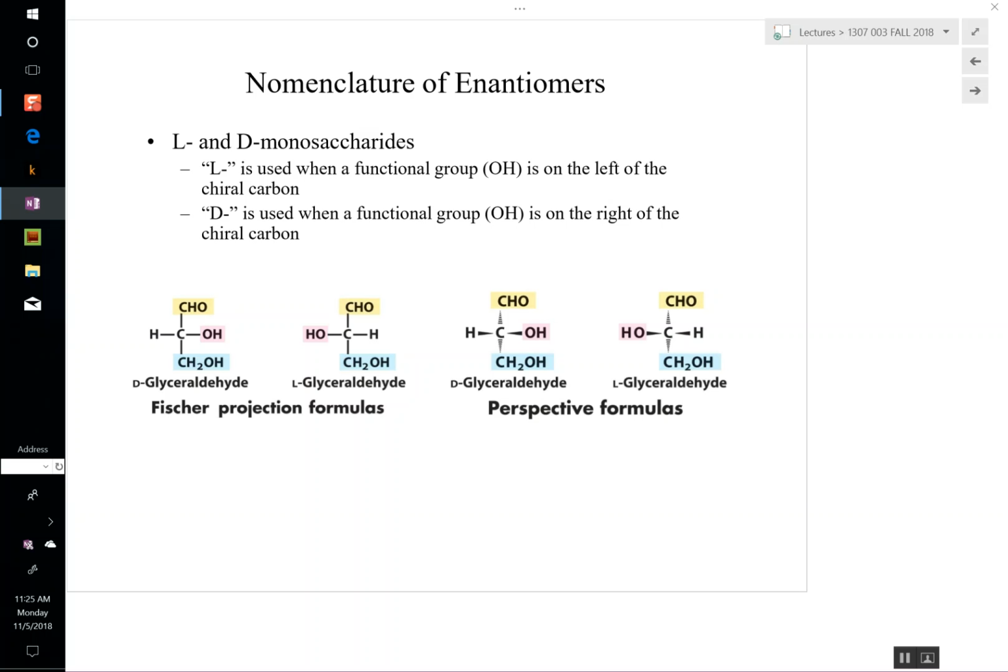All right? And if I were to take the other one and do that, just to show you that the Fisher projection can illustrate the difference between these two, I might as well do it right next to that other molecule.